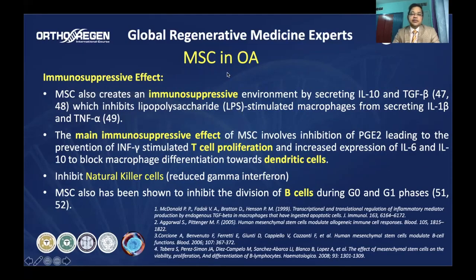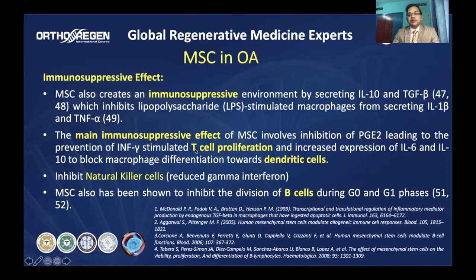Then the second aspect of stem cells is immunosuppressive or immunomodulatory. These stem cells provide an immunosuppressive environment by secreting interleukin 10 and transforming growth factor beta. Because of this, lipopolysaccharide-stimulated macrophages do not release interleukin 1 and tumor necrosis factor alpha.